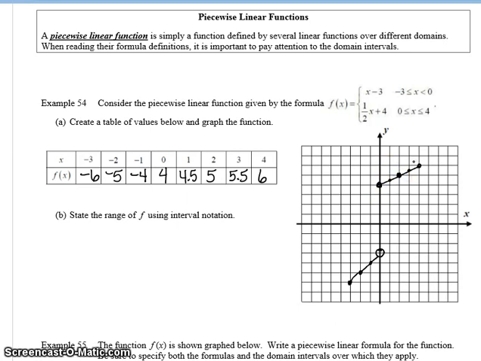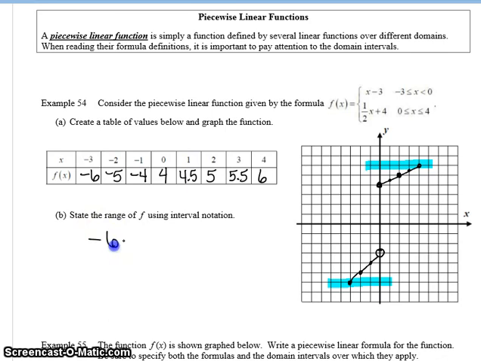State the range. Okay, now remember, range means the lowest point all the way to the highest point. But be careful, it's not going to be everything in between because of this gap in the center here, reading it up and down. So I'm going to start at a -6, and -6 is included, and then it comes up to a -3. So here's -6, it comes up to -3, but you cannot include -3.